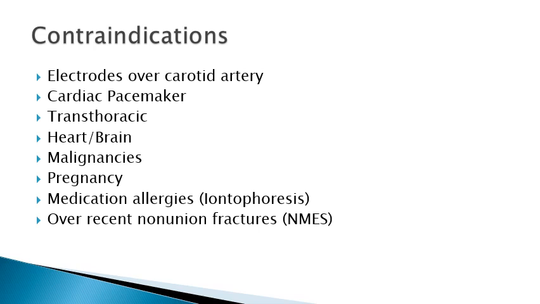Pregnancy, which I'll talk about a little bit in class. You obviously don't want to put the pads over the abdomen of a pregnant individual, but certain waveforms you can actually still use during pregnancy in unrelated areas. Also watch for medication allergies with iontophoresis, or use over recent non-union fractures.